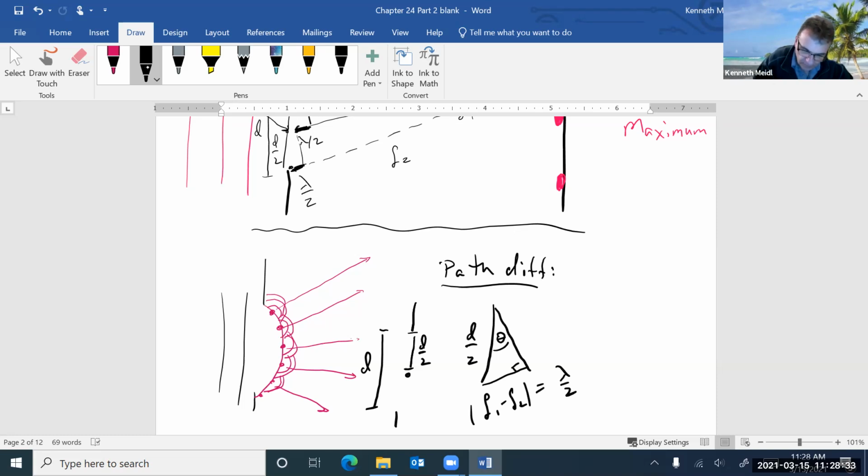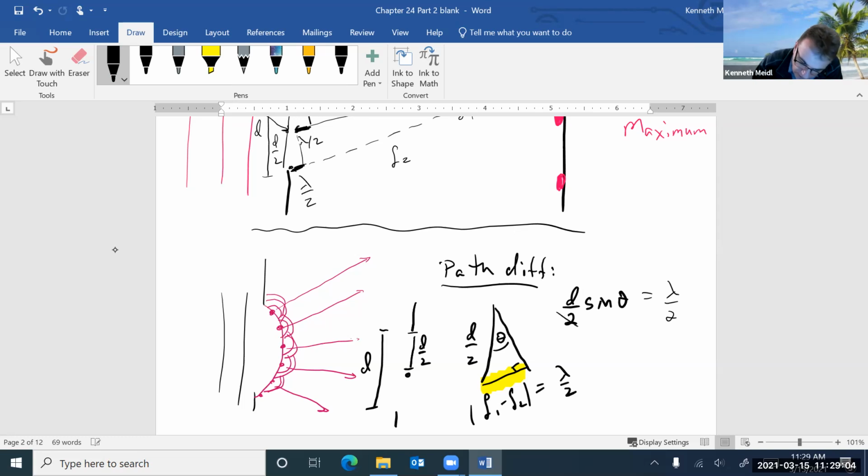And so what you've got then is some physics that says D over 2 times the sine of that angle. That's just the hypotenuse times this angle, which calculates this path difference, right? So that side right there is just D sine theta over 2, and that has to be equal to half of a wave for a dark spot.